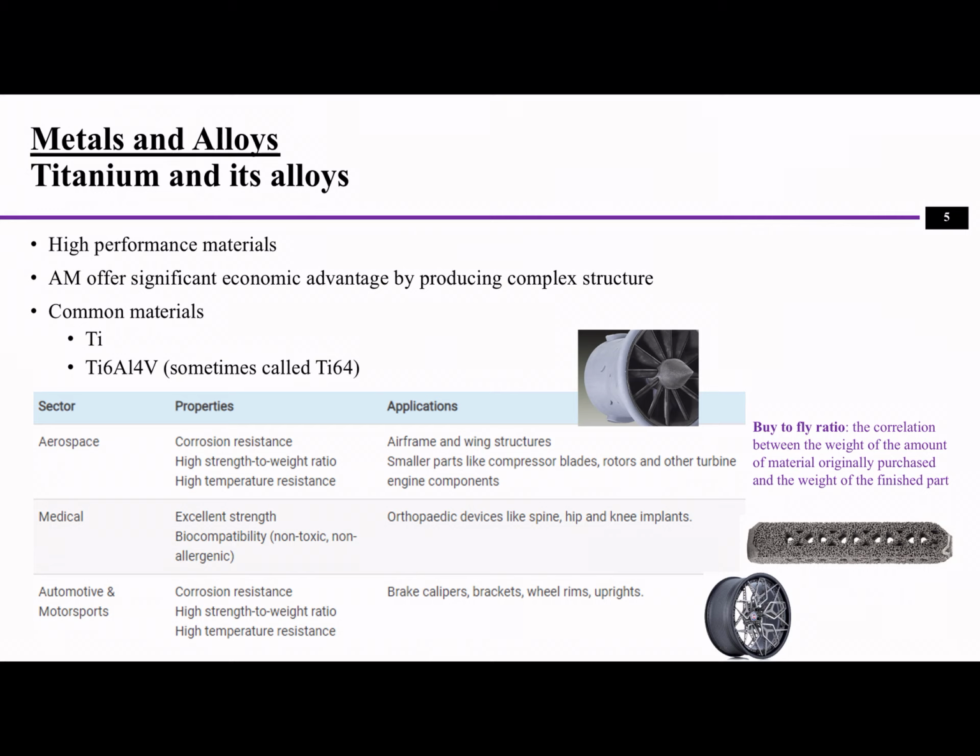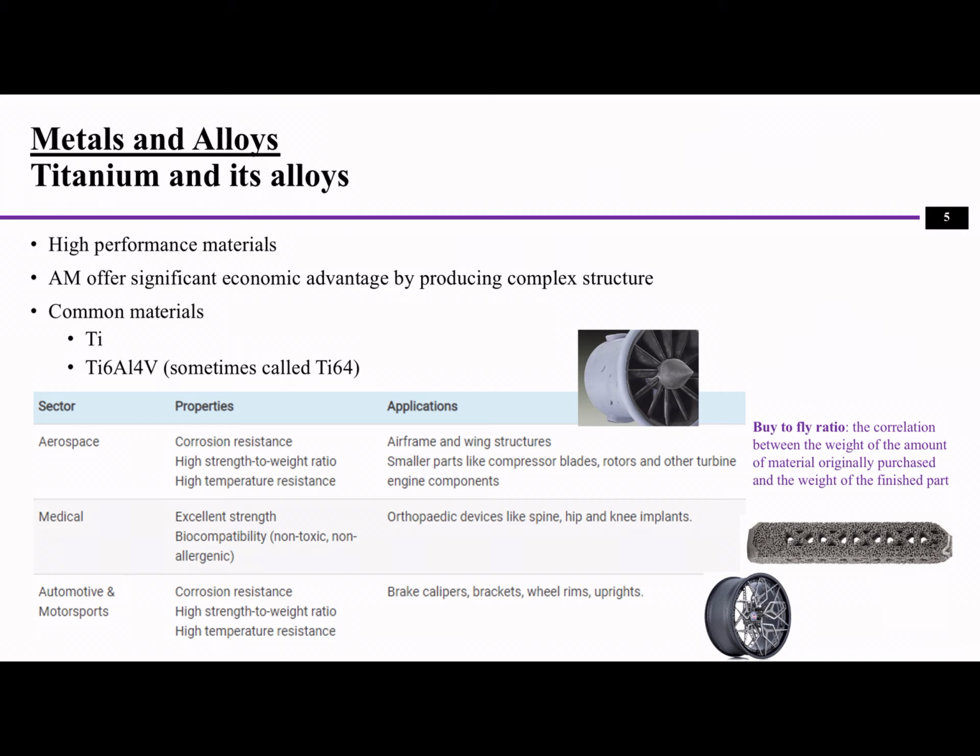It's a relation of the material purchased at the beginning versus the weight that is actually used of the finished part in a product. So with additive manufacturing, using a processing titanium means actually we reduce a lot of waste, right?